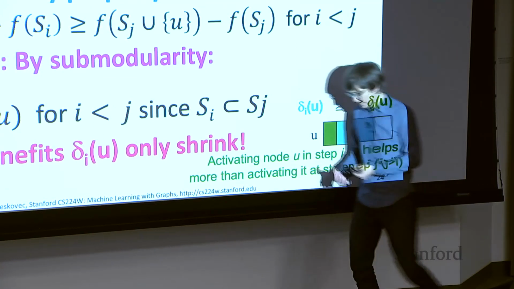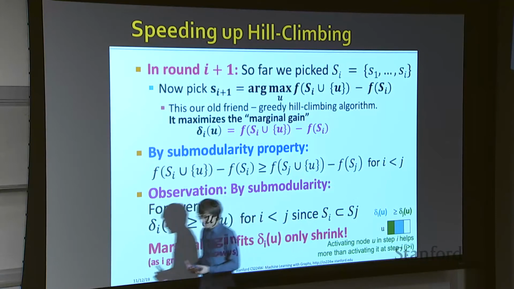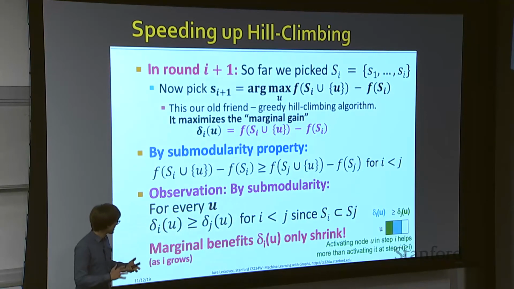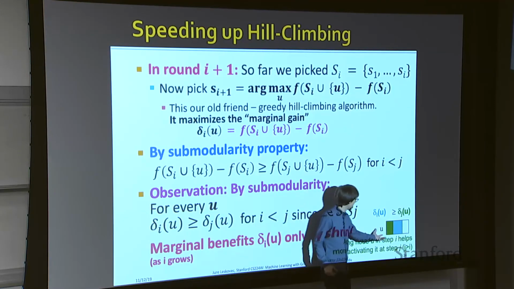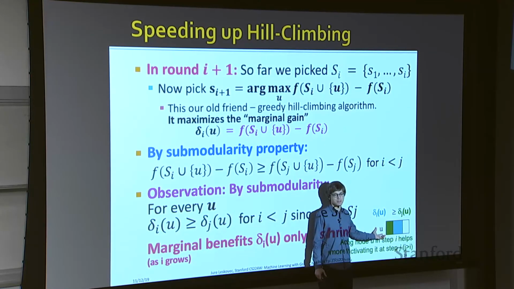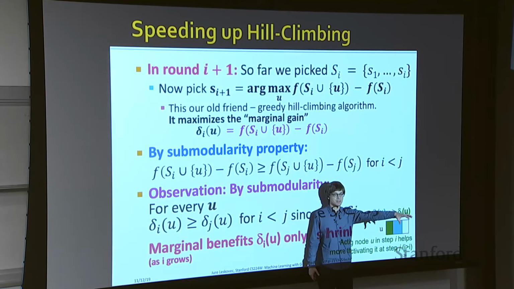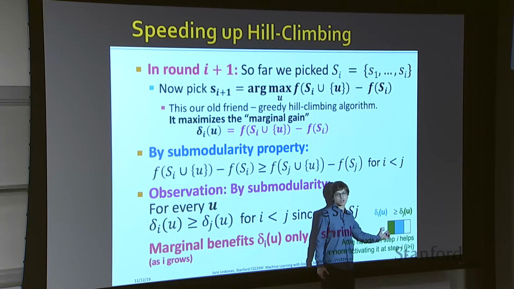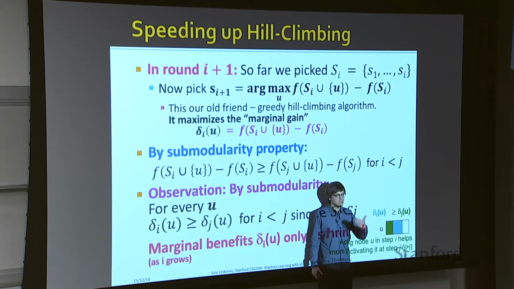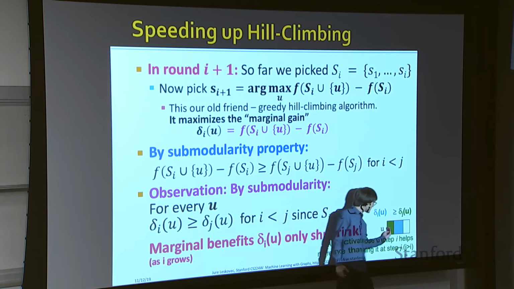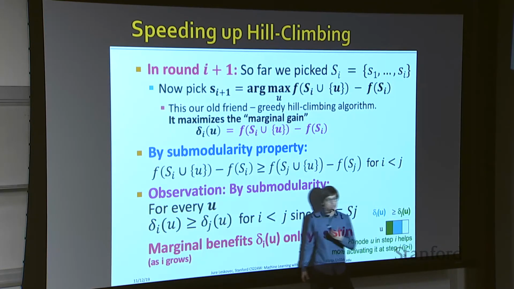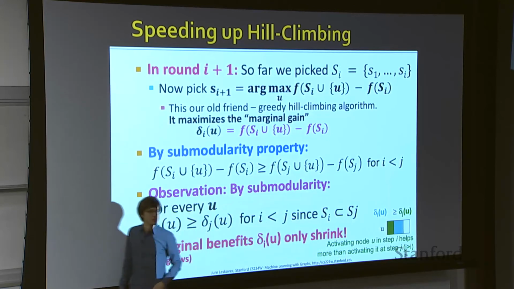By submodularity, when does selecting sensor u help the most? It helps the most when no other sensors are placed. As soon as I place some other sensor and then ask, how much can you detect now? It will only detect that much or less. So the marginal benefit of u will only shrink as I place other sensors.